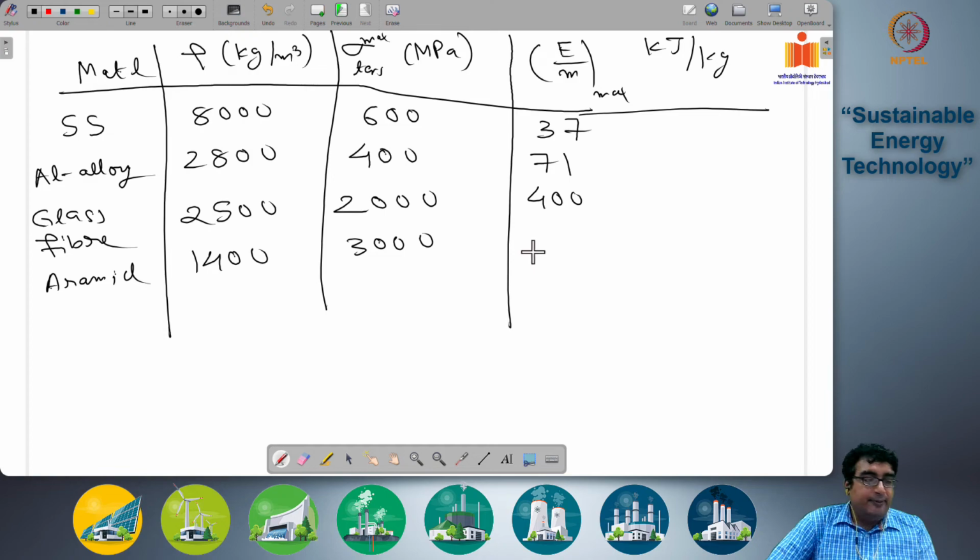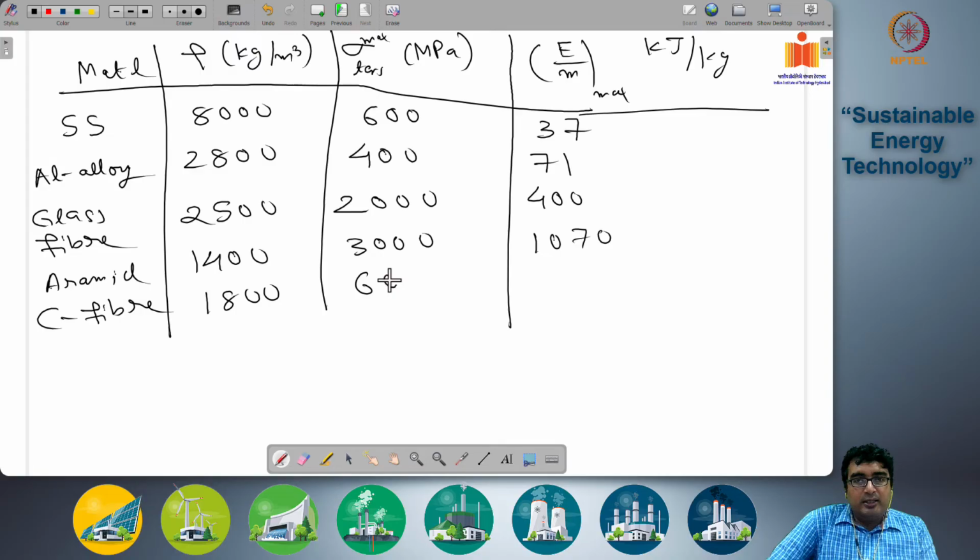So you are clearly getting around 1070 kilojoules per kg as the maximum mass based energy density that a flywheel made from aramid fibers can have. Then you get carbon fiber, a very common material that is being used nowadays, with density of 1800 and tensile strength of 6000 megapascals, giving you the specific energy density of 1700 kilojoules per kg.